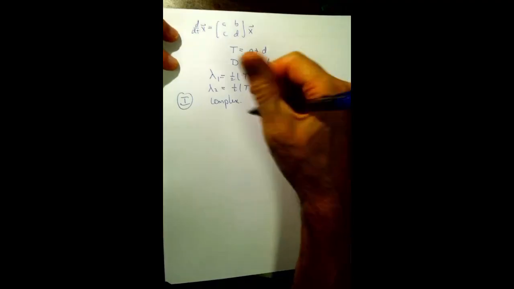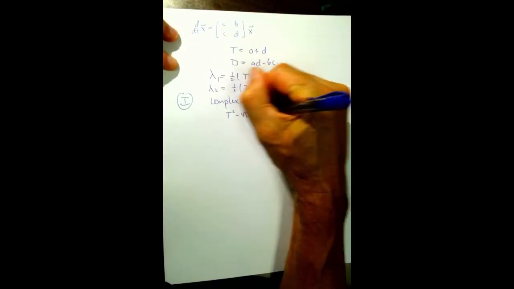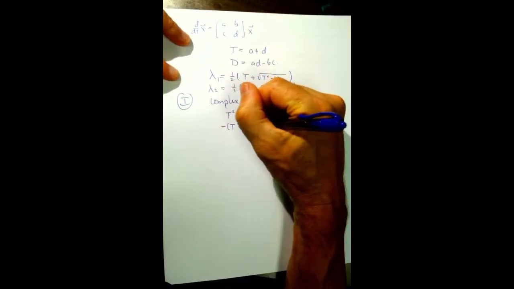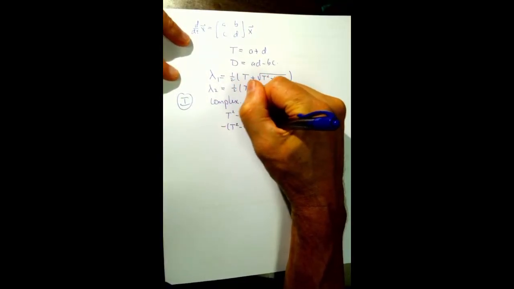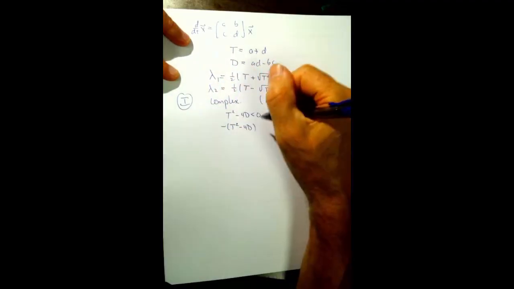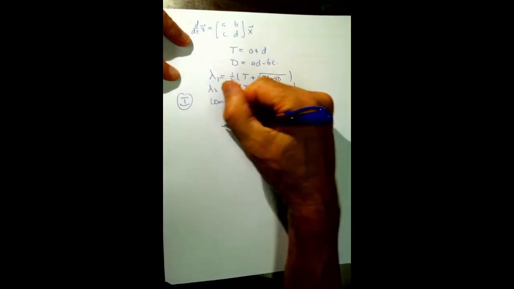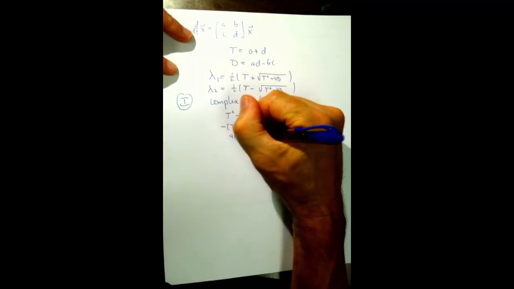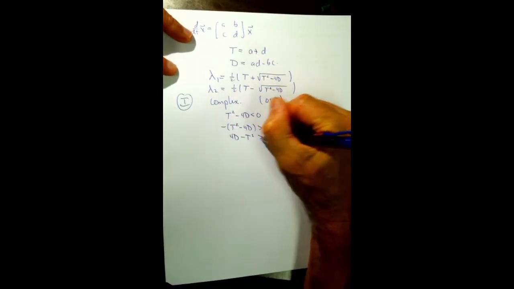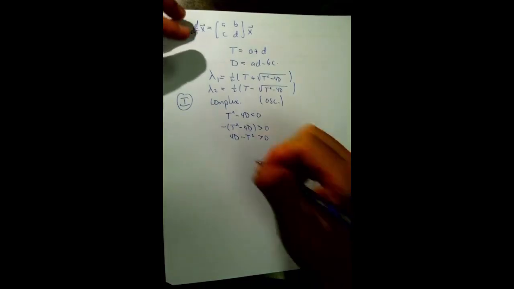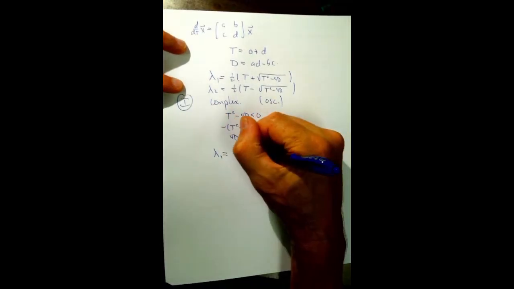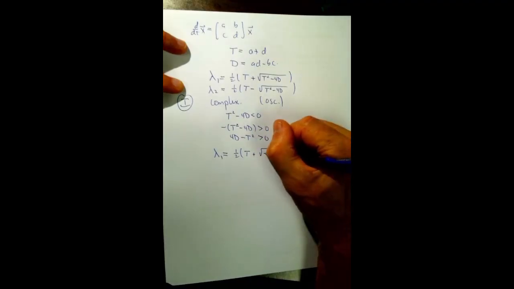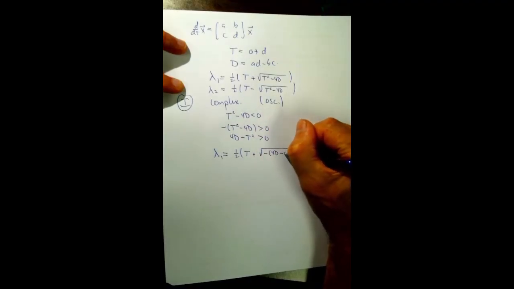All right, so to be complex, I know that T squared minus 4D has to be negative. If I multiply both sides by minus 1, I'm going to flip that, so I get 4D minus T squared is positive. So for my lambda 1, I can think of this as the square root of negative quantity 4D minus T squared.